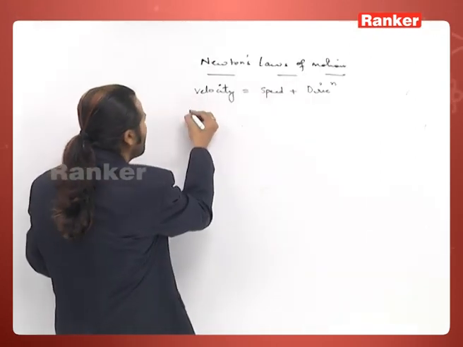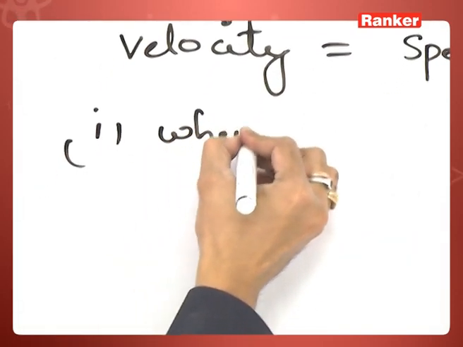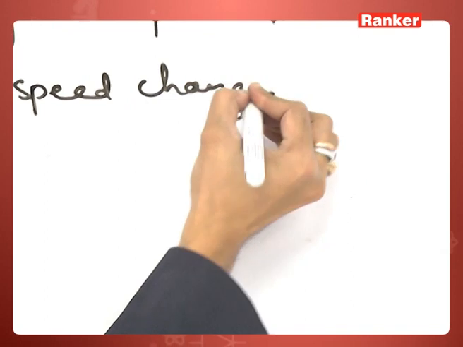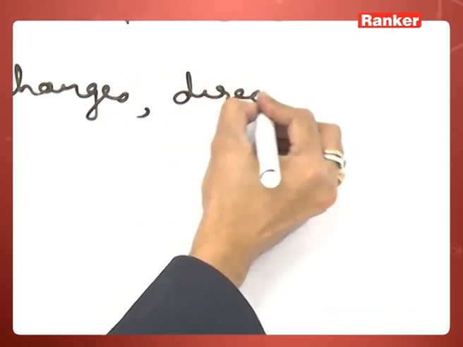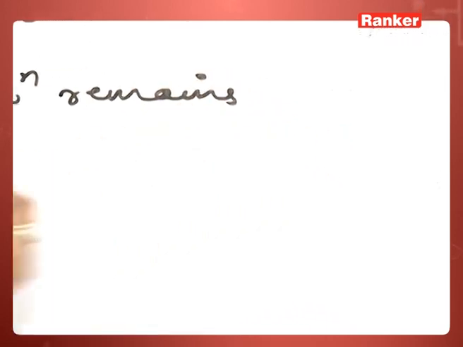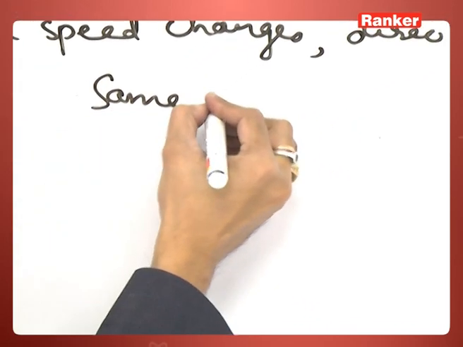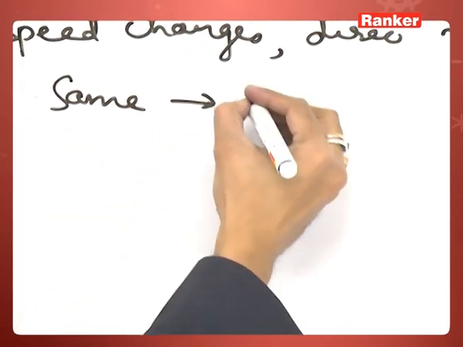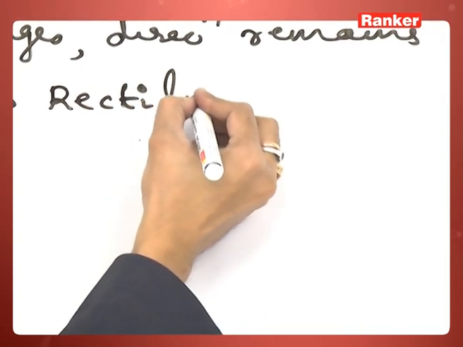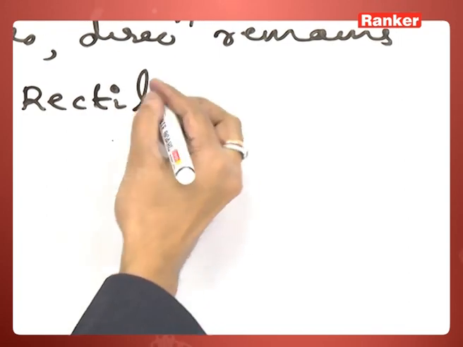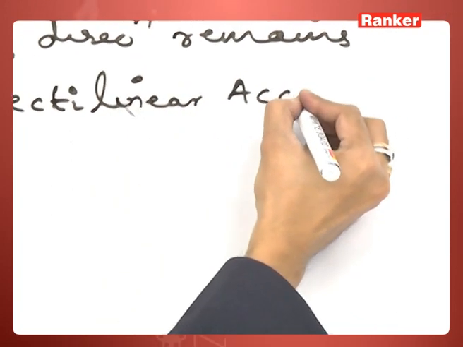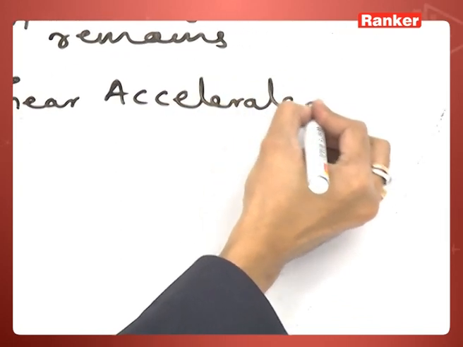Now number one, when speed changes, direction remains same. This kind of motion is known as rectilinear accelerated motion.